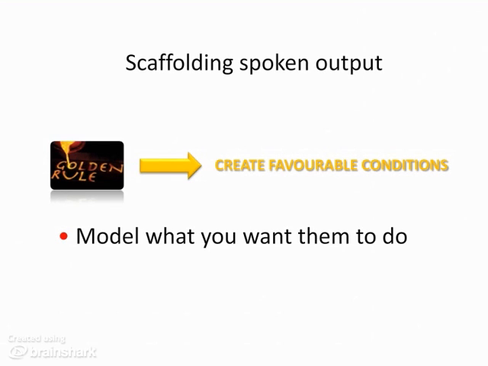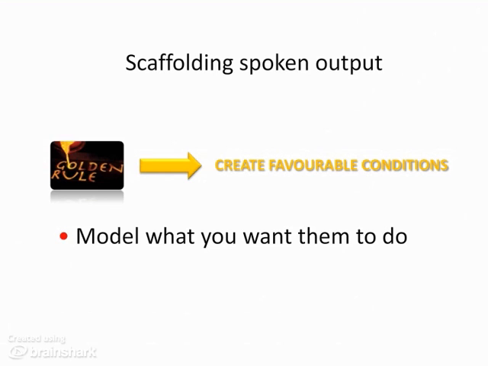This is another key idea. Model what you want them to do. So if you're asking students to produce some spoken output, let's say a mini presentation on one of the topics from the science book, then if the teacher does the task themselves in front of the class, the learners have a very good idea of what they are expected to do and the kind of level that they have to do it at.